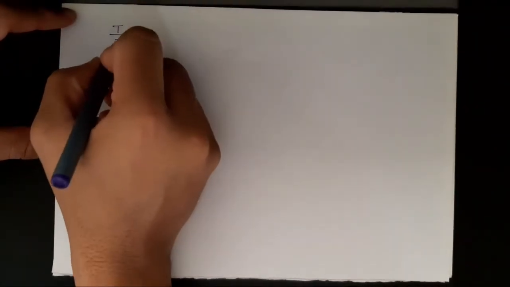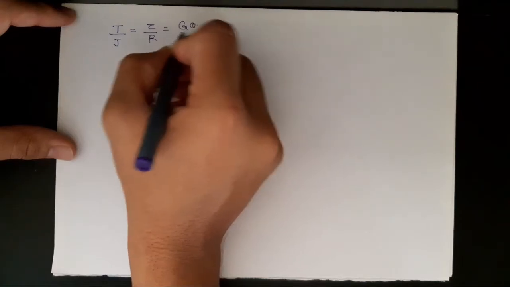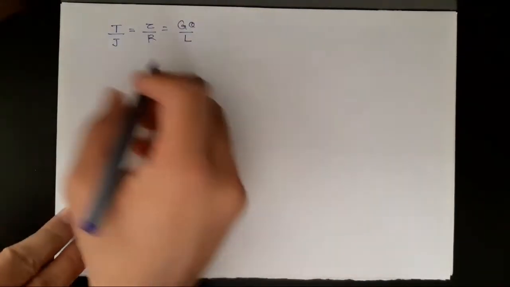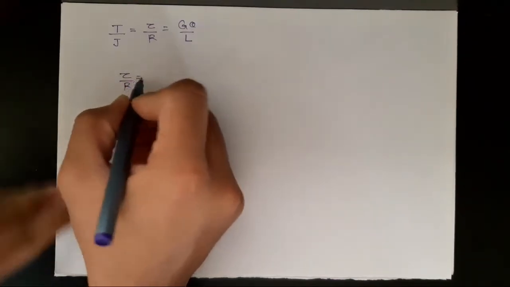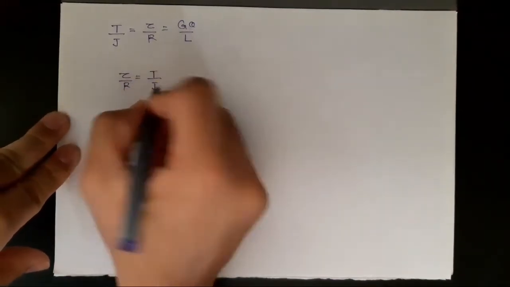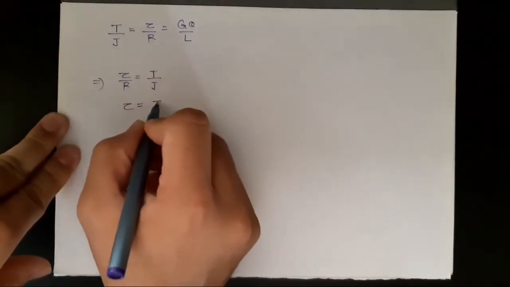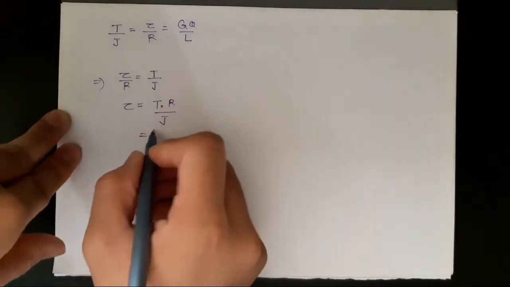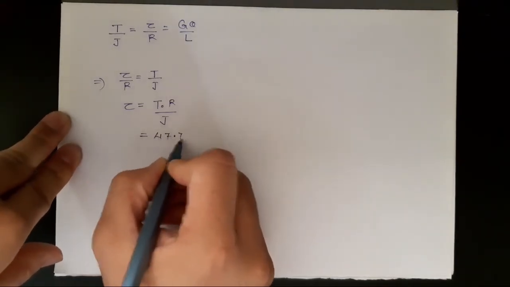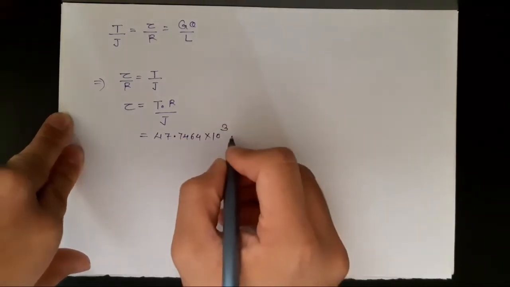So what is torsion equation? That is T by J equals to tau by r is equals to G theta by L. Okay, this is the torsion equation. So we can write tau by r, which is going to equal T by J. So from this, tau is equals to T into r divided by J. We have the value of torque. Value of torque is 47.7464 into 10 raised to 3 Newton mm.